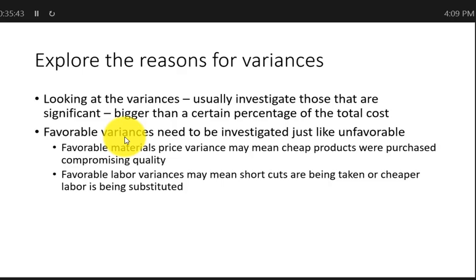It's hard to change. But favorable may not be that great because we may have gotten a favorable price variance because we bought cheap products and reduced our quality. And we might be taking shortcuts on our labor, meaning people are not spending as much time as they should, and there could be an issue down the line because of those shortcuts. There may be safety issues. There may be quality issues. So we're going to investigate favorable variances as well as unfavorable variances.